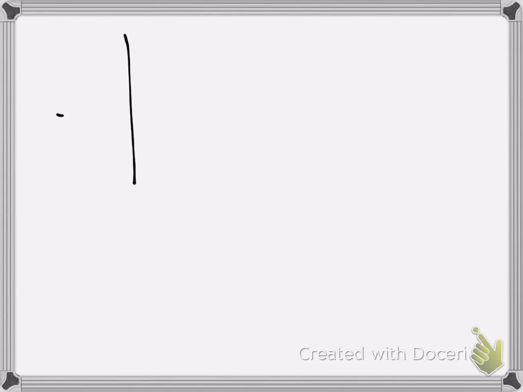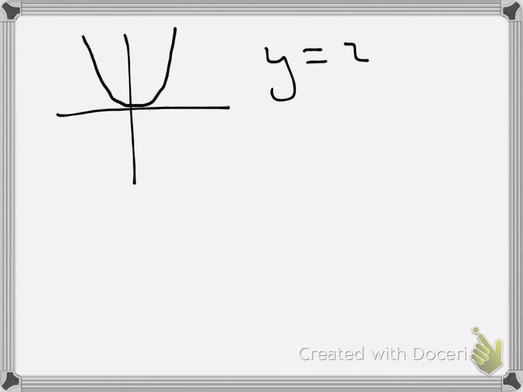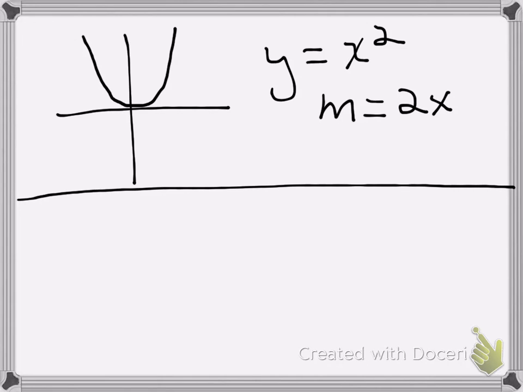So to recap, if they give us the parabola y equals x squared, the slope of any tangent line drawn to that parabola is 2x, and then we can answer any question that they ask us about that if we know that relationship.